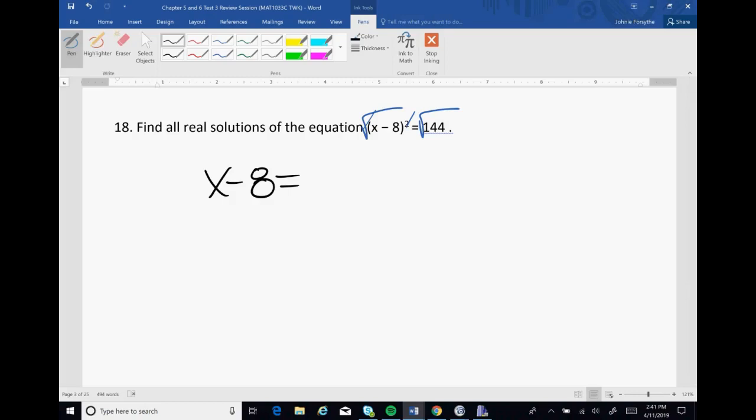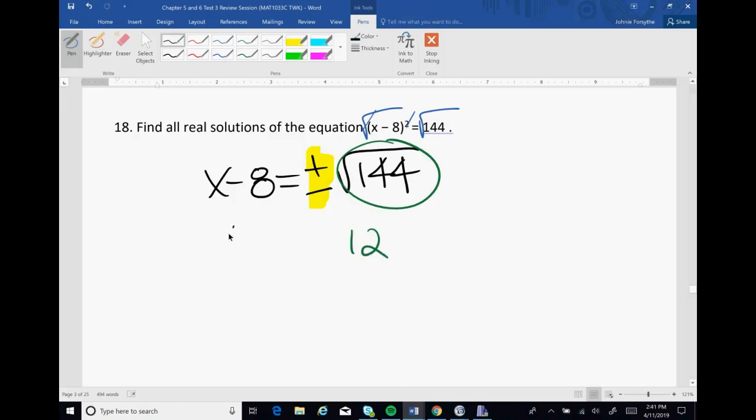We want to include plus or minus the square root of 144. So don't forget that plus or minus. So now, the square root of 144 is 12. So I have x minus 8 equals plus or minus 12.